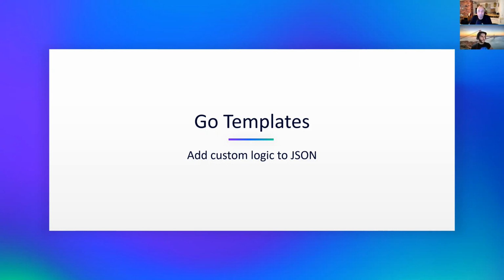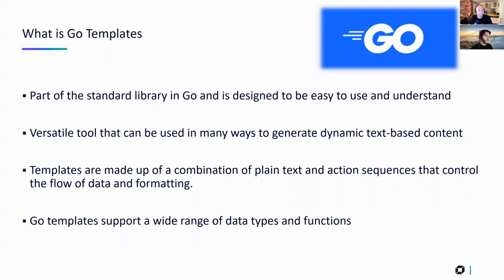Yeah. So Go templates is actually a package that's built into the Go library that helps to dynamically generate text as well as dynamically generate HTML. In our scenario, we're going to focus on the text-based content. We're going to use Go templates to recreate our JSON objects that will be used by Monaco to then push that settings configuration to Dynatrace.